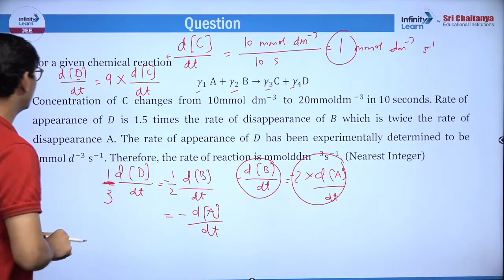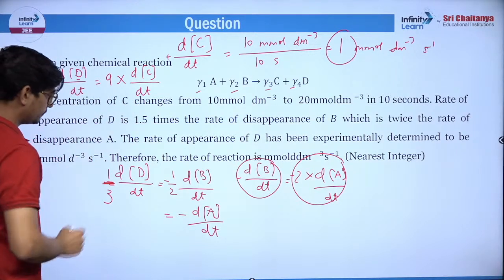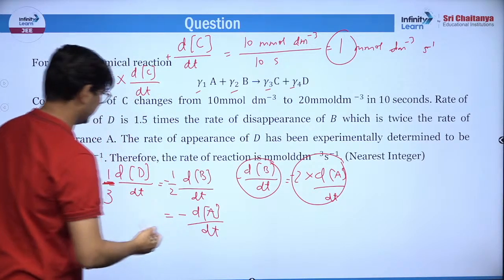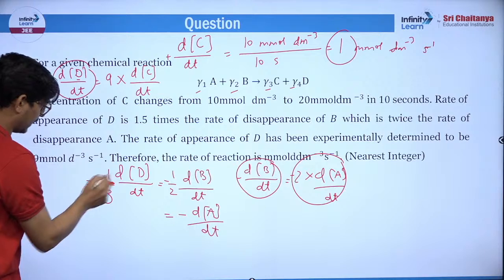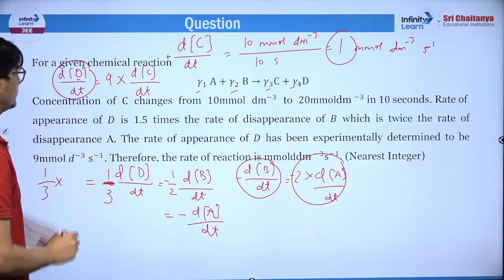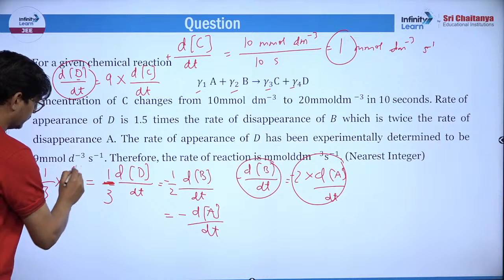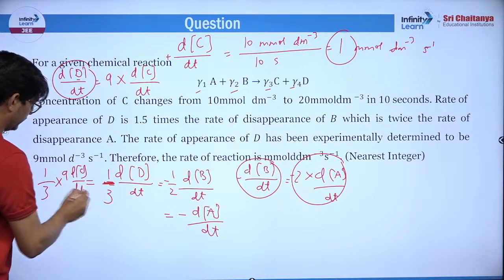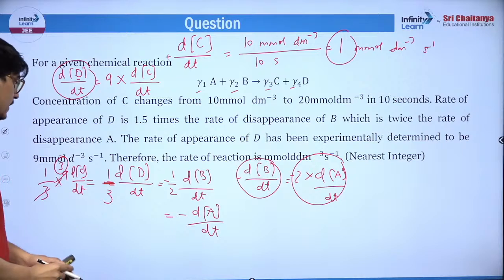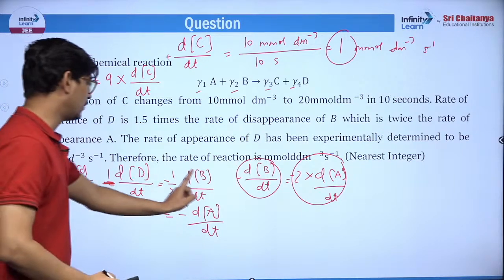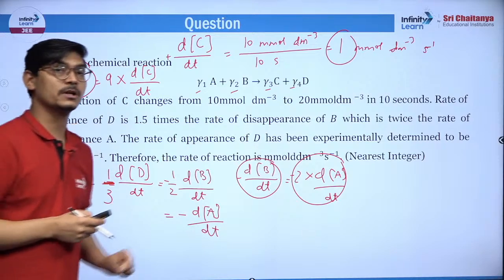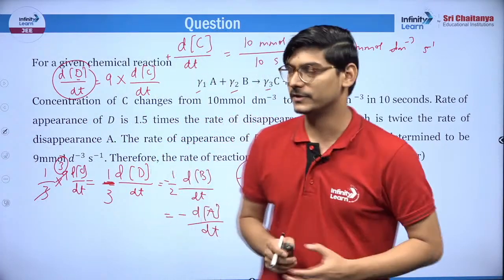Is that clear? Okay, so rate of formation of D can be replaced by 9 multiplied by dC by dt. So that means I can write 1 by 3 dD by dt as 9 times of dC by dt, which leaves behind only 3. Is that clear? So now you have C, now you have D, now you have B, now you have A. Now you are familiar that we write the reciprocal of the stoichiometric coefficient, right?